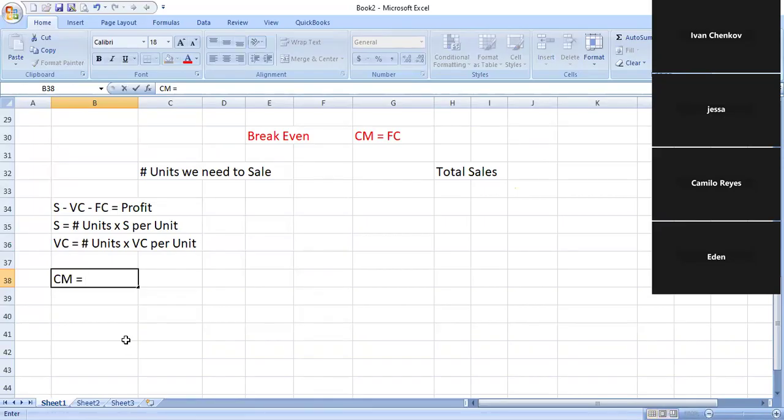Sales minus variable cost. But sales are number of units times sales price, and the variable cost is number of units times the variable cost per unit. Make sense? Yes, Prof. So how are we going to get the contribution margin then?